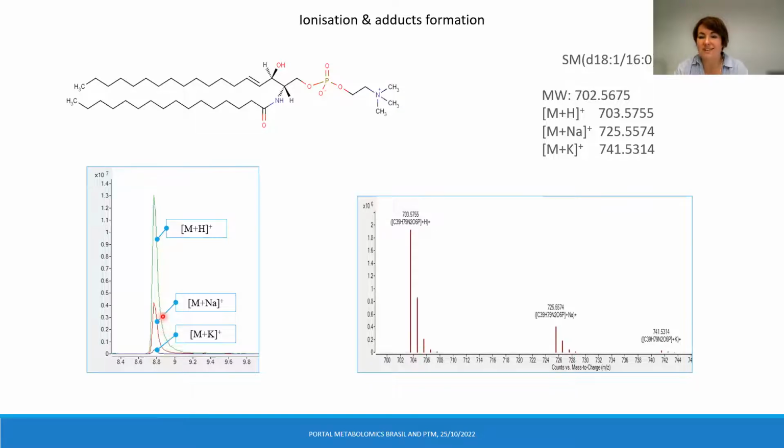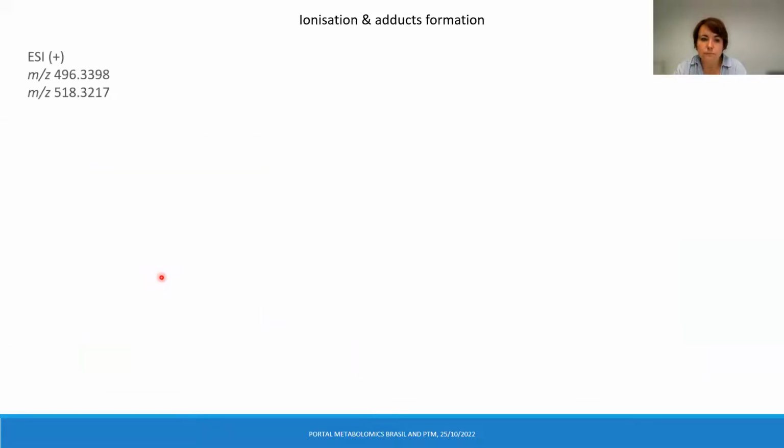They must have exactly the same retention time, because ionization takes place after the chromatographic separation. So if each of these ions would give us a peak at a different retention time, that means that we have 3 different lipids. But at the moment that all of them are at the same place, following the same peak shape, that means that most likely they correspond to the same molecule.